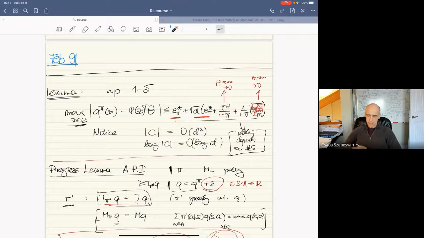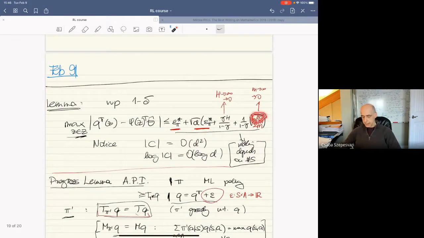And you can calculate how big this truncation horizon should be, the effective horizon at the approximation level, and how big the number of rollouts should be at these core states. And it should be roughly at the effective horizon for the same approximation policy, because you have this 1 over 1 minus gamma.